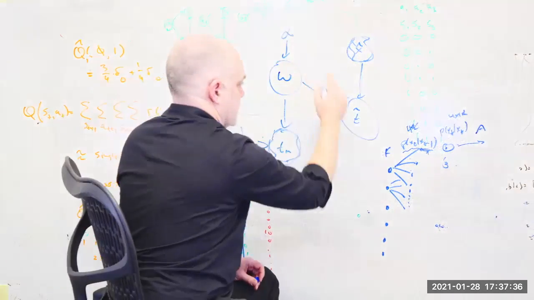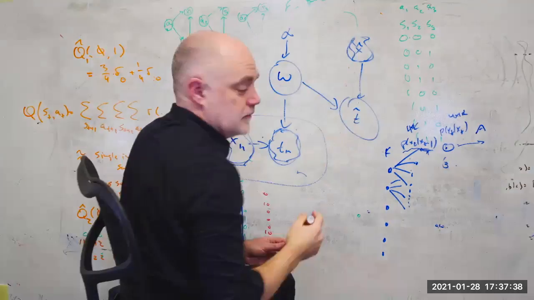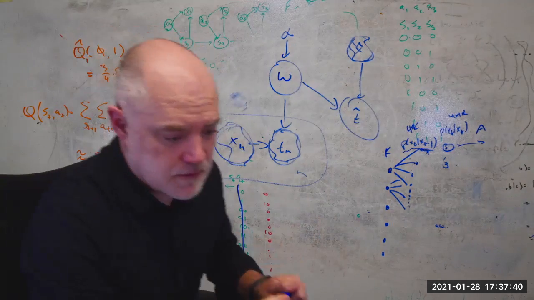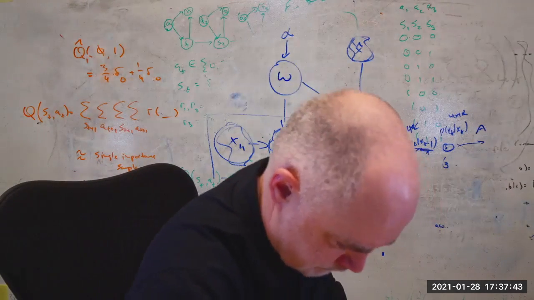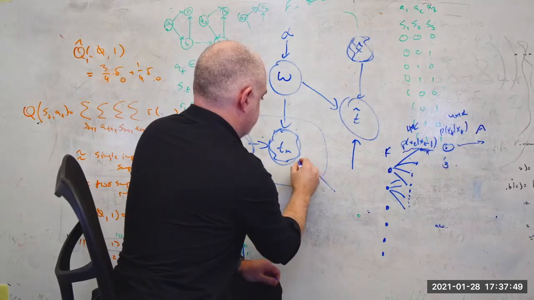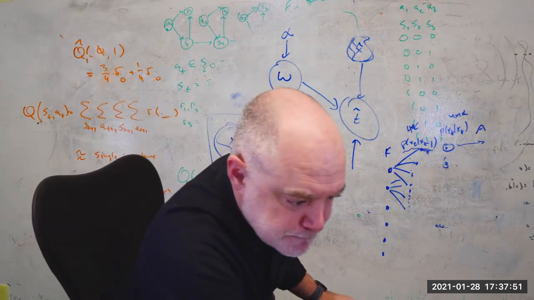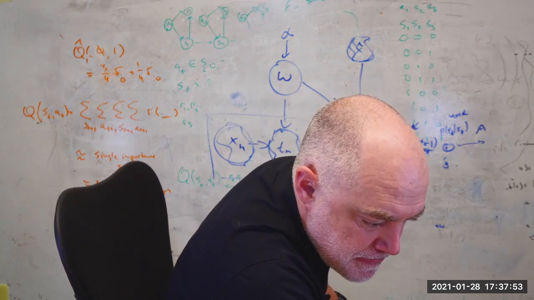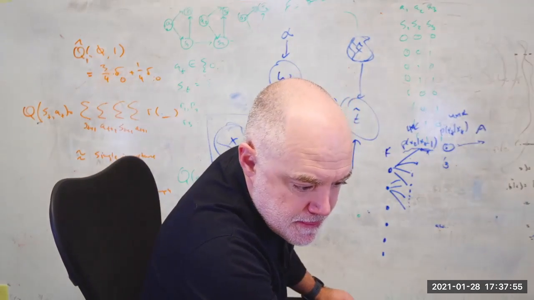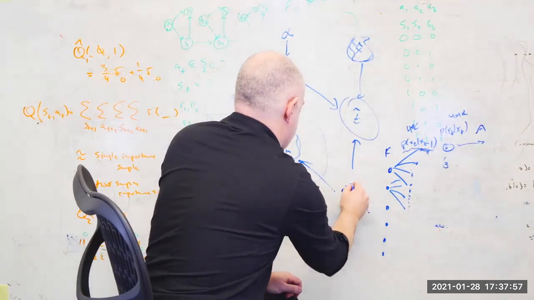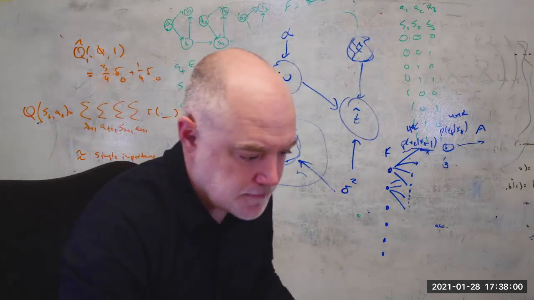That's not known. That's a parameter, that's unknown. Is that right? That should be right. So X hat, you said, is known? Yeah. And sigma squared.